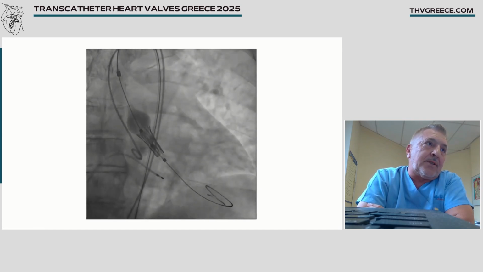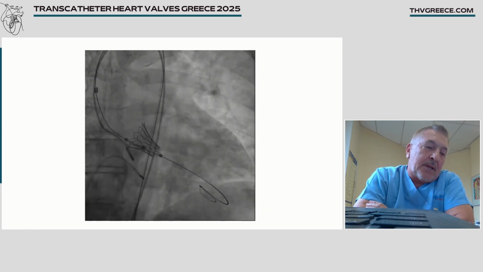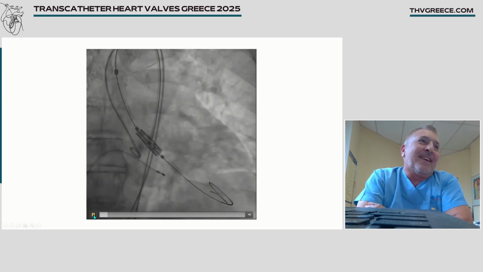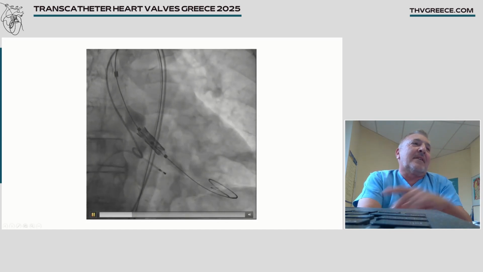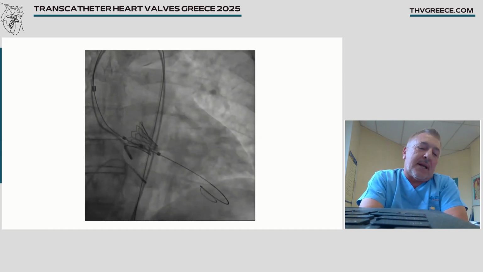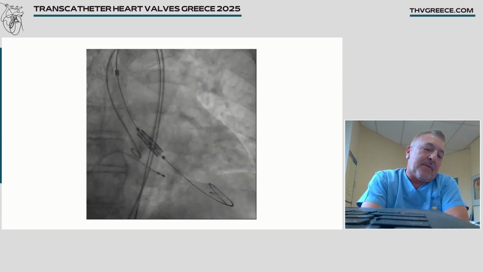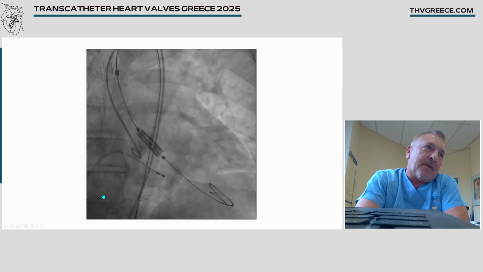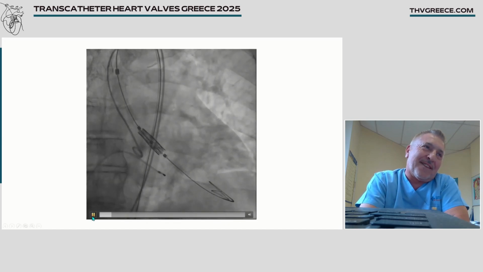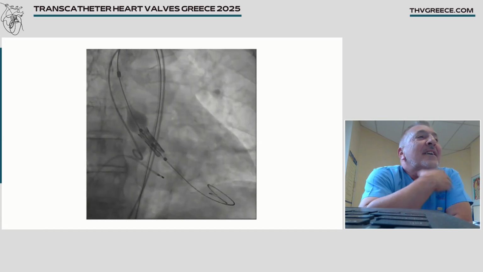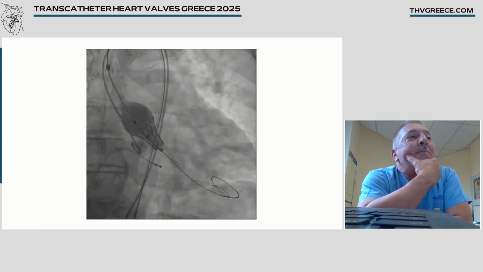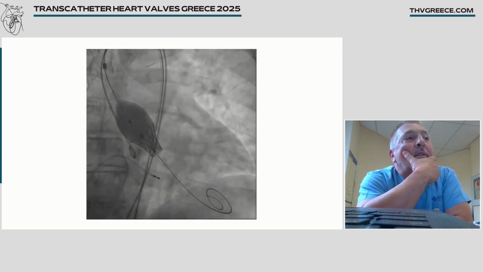You see that the inflation of the balloon is not symmetrical on both sides of the valve. It starts from the aortic part of the valve, and at the end, the balloon pops out of the valve.